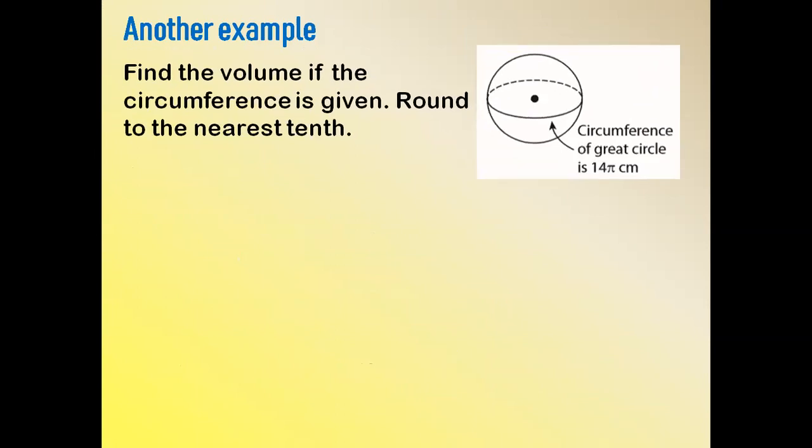Another example with another type and another idea. Find the volume if the circumference is given, rounded to the nearest tenth. Here we have the circumference of the circle, and it's given as 14 pi centimeters. As it gives me the circumference, I don't have the radius or a diameter here. So I'm going to use this rule to find the radius first.